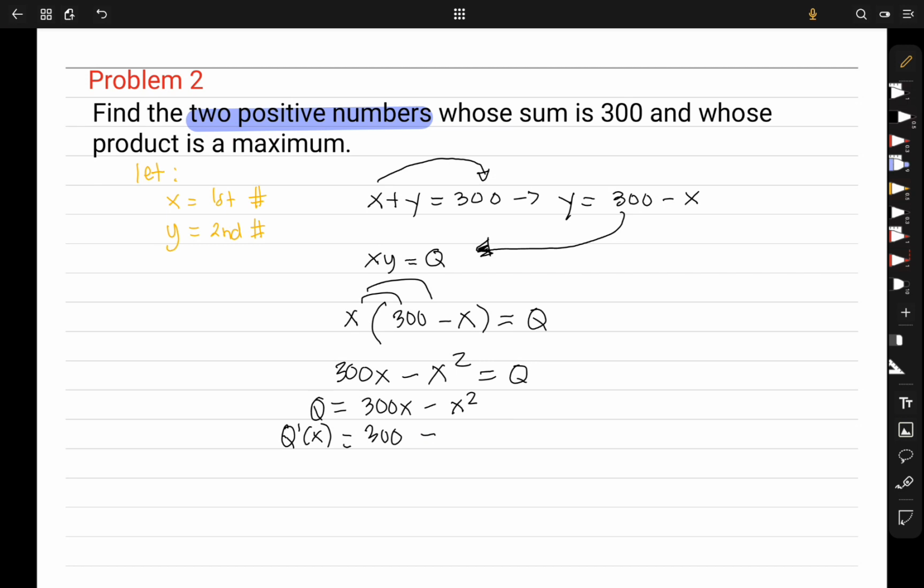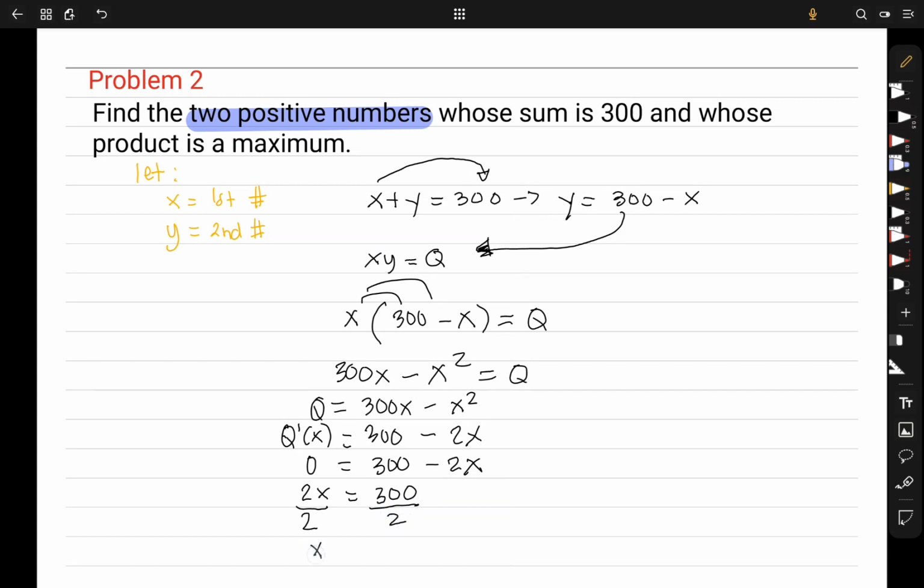That is 2x. Again, after differentiating, we're now able to equate it to 0. So by equating to 0, we transpose the negative 2x to the other side, it becomes positive. 300 is what remains. Divide by 2.